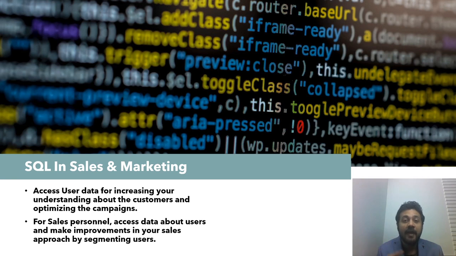If that happens, you'll be able to optimize your campaigns if you're in marketing, and keep improving your knowledge about the customers and your sales pitch in turn. These data points can be pulled onto your Excel, but in order to do that, you need to have the knowledge of SQL.